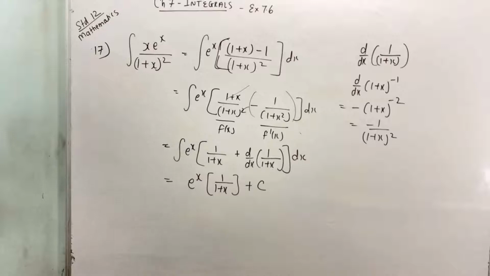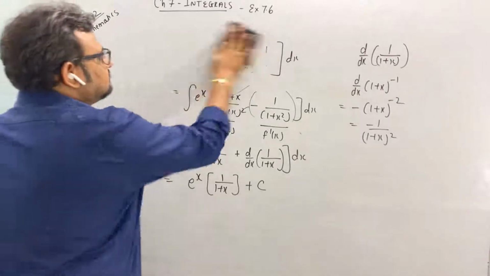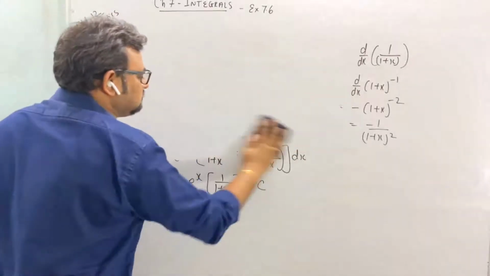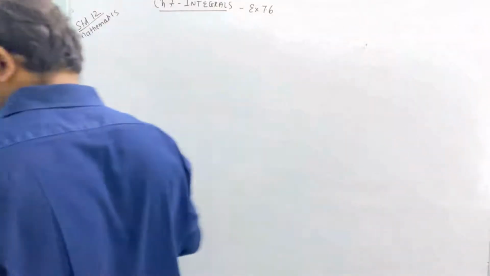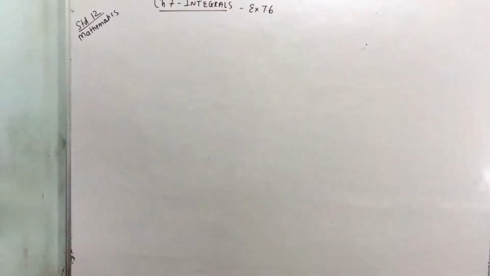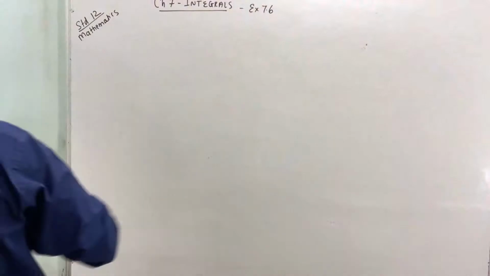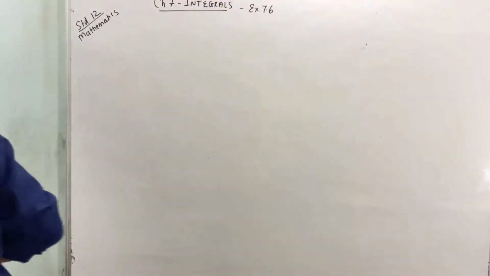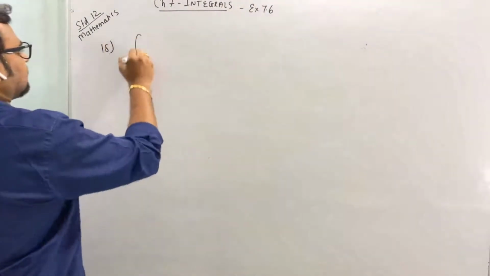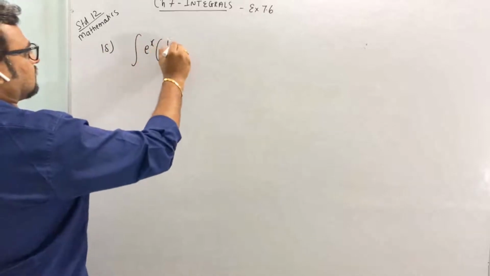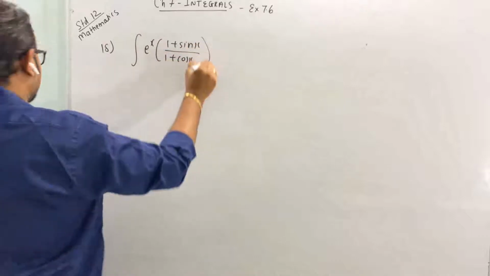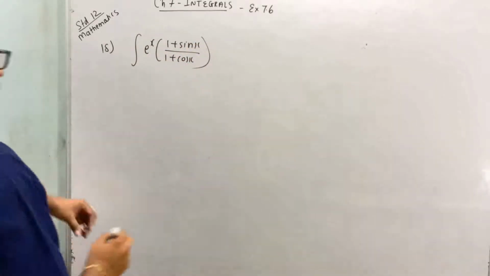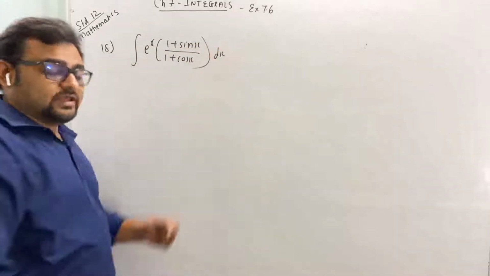Okay, let's move to the next question. Next question is e raised to x (1 plus sin x) upon (1 plus cos x), and that is question number 18. Okay, 1 plus sin x upon 1 plus cos x dx.